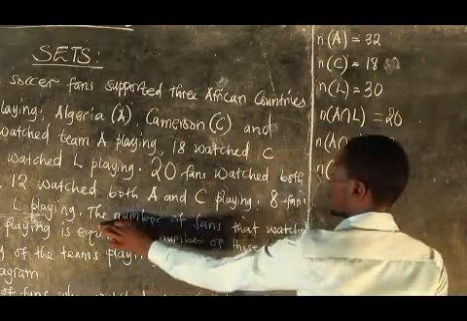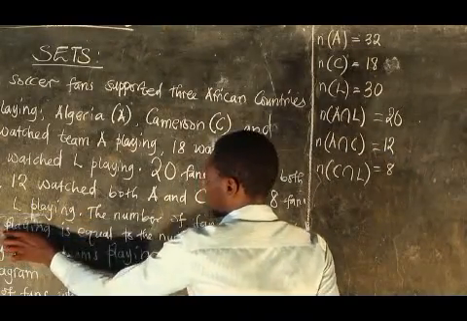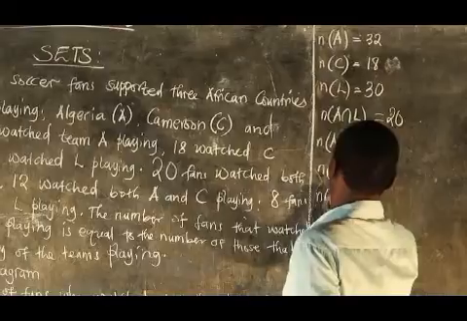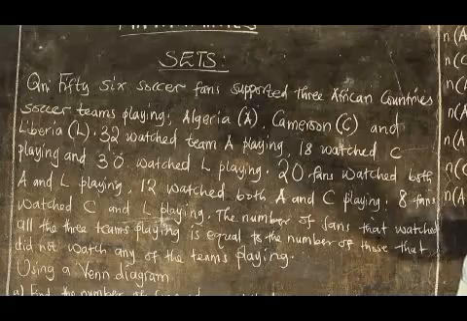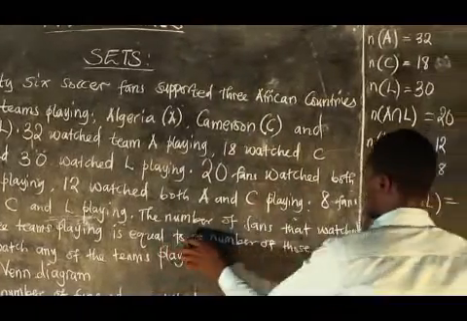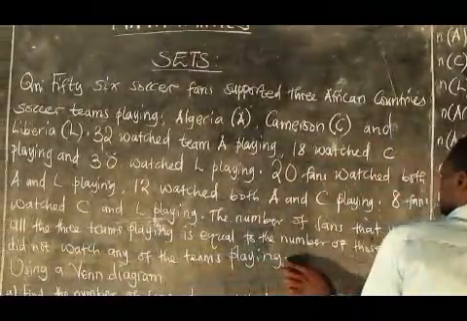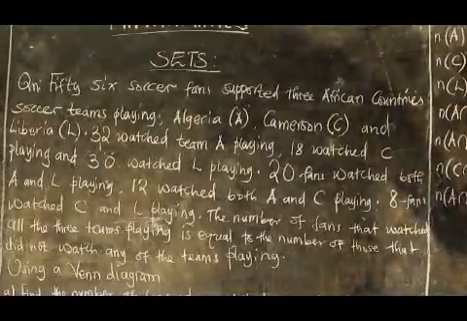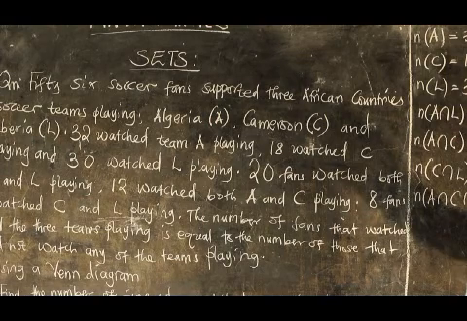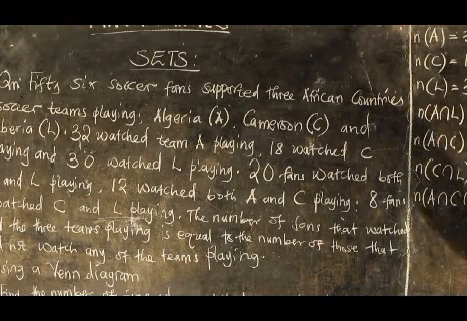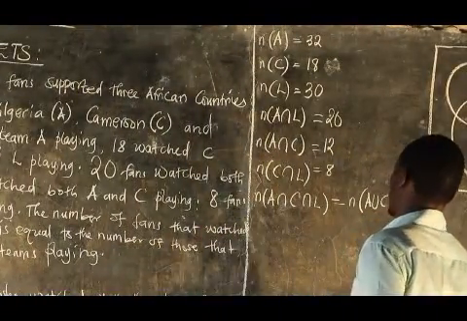Now here they're telling us that the number of fans that watched all the 3 teams playing, A intersection C intersection L, is equal to the number of those that did not watch any of the 3 teams playing. So this one means the number of (A union C union L) complement. We are going to let this one be equal to X because they have not given it to us.